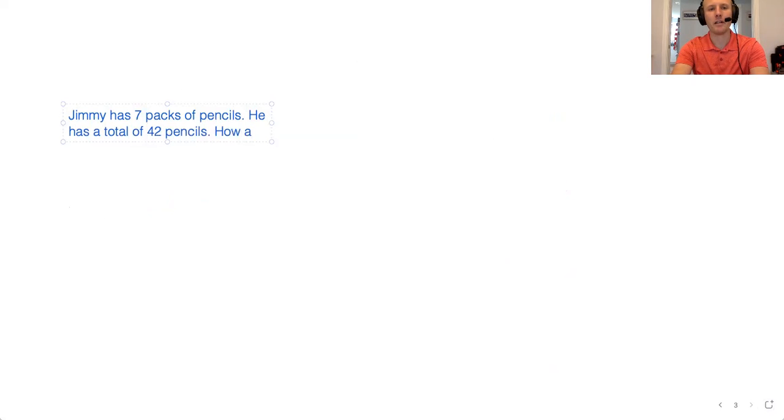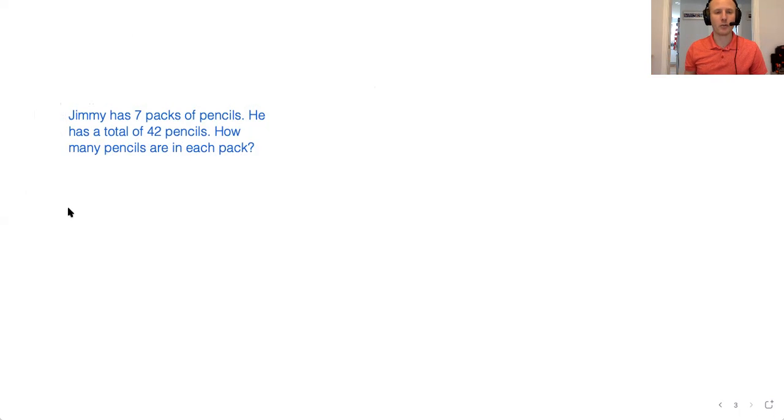How many are in each pack? And with that, you might also have to write an equation with a letter to represent the unknown. So let's start doing that. The first step would be to write that equation to represent the unknown.